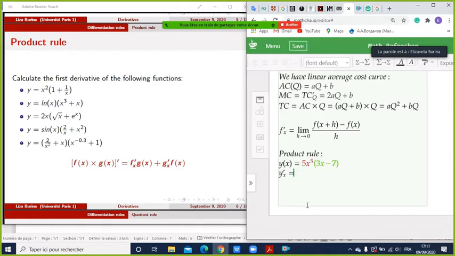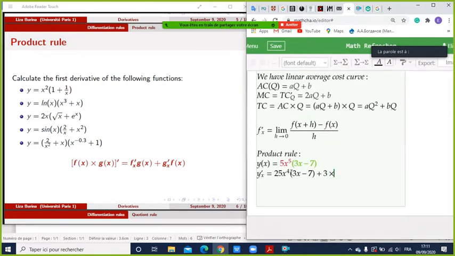So the derivative here will be 25x to the power of 4 multiplied by the second function as it is, so 3x minus 7, plus the derivative of the second function, which will be just 3, multiplied by 5x to the power of 5, because we don't touch it, so we keep it as it is.